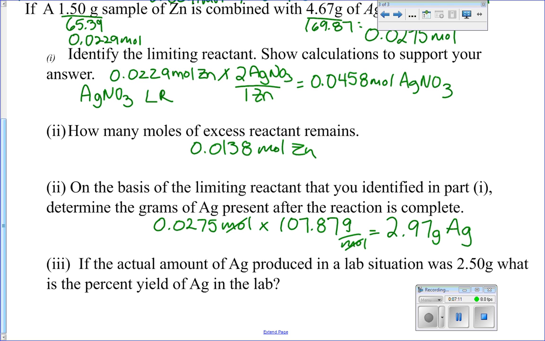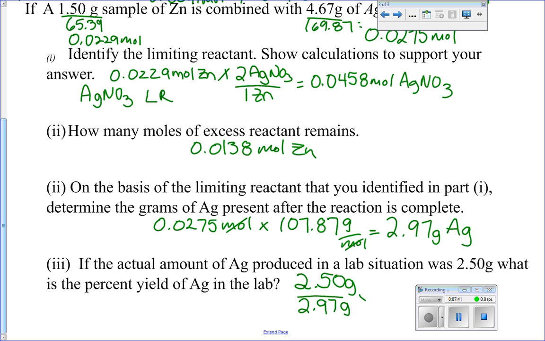But then the last question says, if in a lab situation we did all this, we added the 1.5 grams of zinc and the 4.67 grams of silver nitrate, but we only were able to get 2.5 grams of silver. So what was my theoretical and actual yield? Well, the 2.50 is my actual yield. If I divide that by what, in theory, I should get, it tells me how good my lab process was.